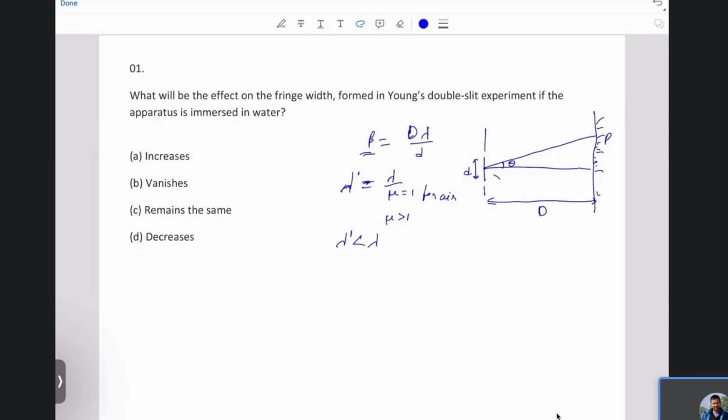So that means now the fringe width will be less than what we have when we are keeping the apparatus in the air, correct? So the correct option is that it decreases.